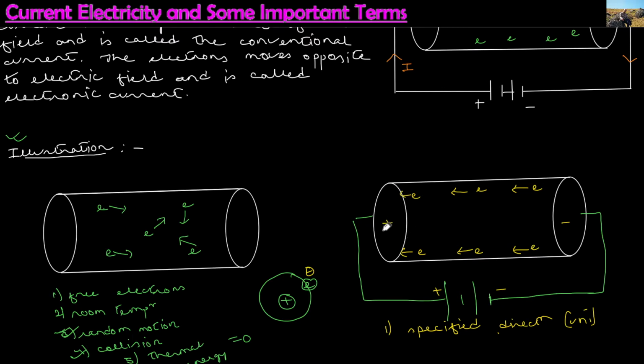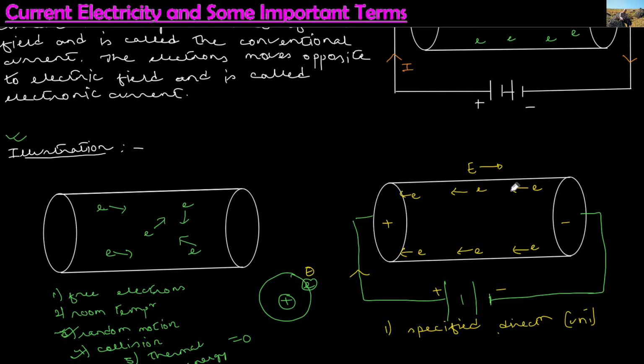This movement of electrons towards the positive end will give rise to what we define as electronic current. And also remember that when you connect a wire across a battery, an electric field will be set up in the wire.